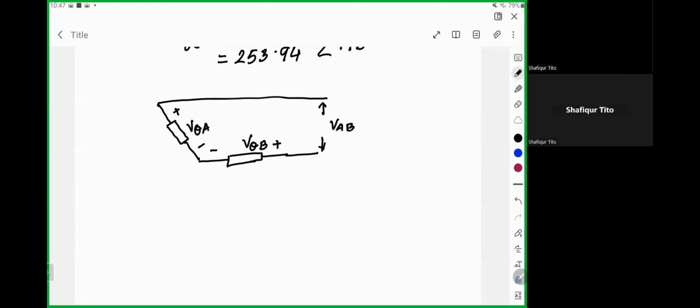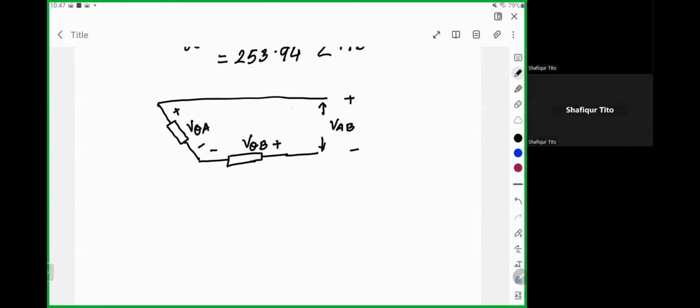Whenever we are writing VAB, I am mentioning again and again, the A terminal we will consider my positive terminal, and this one will be my negative terminal. This polarity we are assuming because AC has polarity, but it is alternating, continuously changing. There is no fixed polarity for AC. But for the sake of writing my equation, I am taking one of the two polarities.